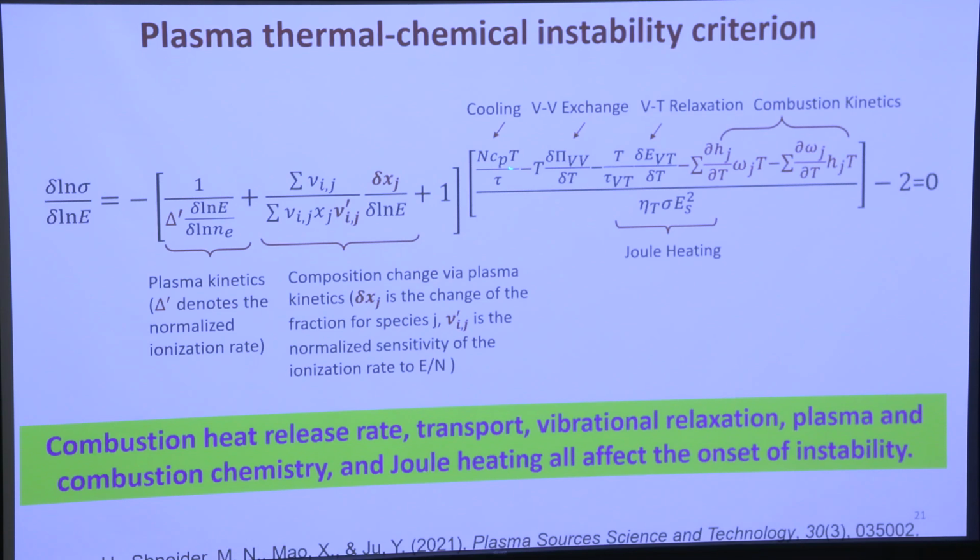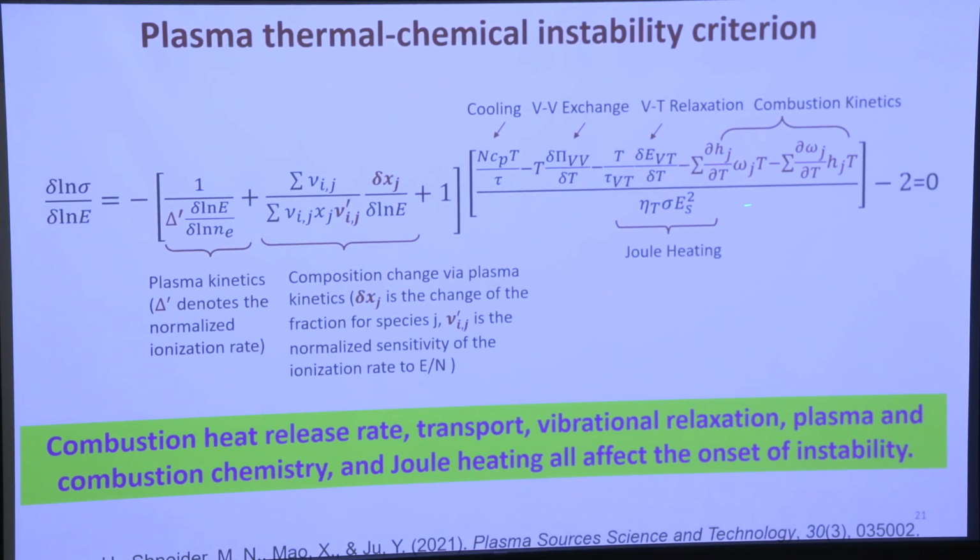Here you basically show that this is a convection, a cooling effect or heating effect. This is the vibration relaxation. This is the vibration translational relaxation. This is the enthalpy change due to combustion and kinetics, normalized by Joule heating.